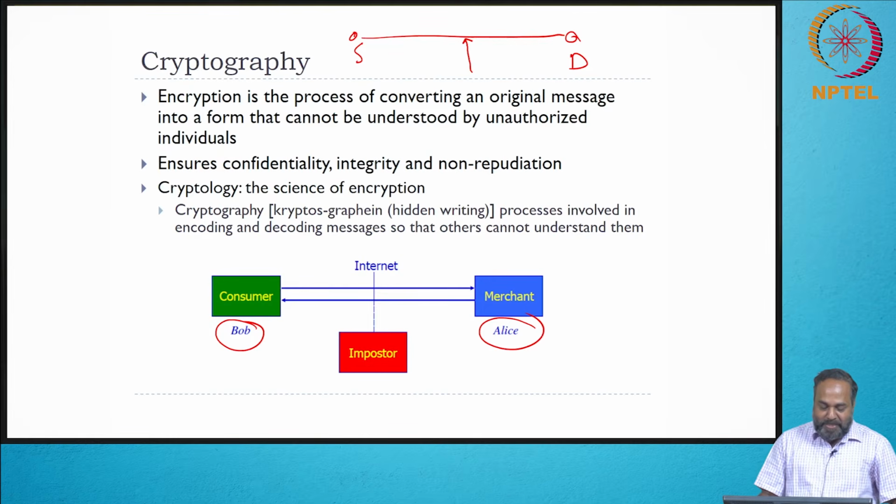You can't see the message in it, you can only see some characters there, but it does not make any sense to someone who accesses it. Crypto, I think it is Greek, means hidden writing. So, encryption is the process of hiding the information by encrypting it.